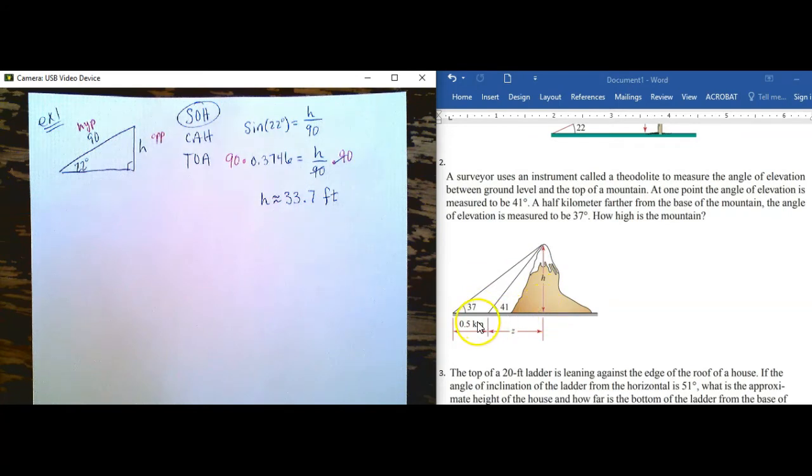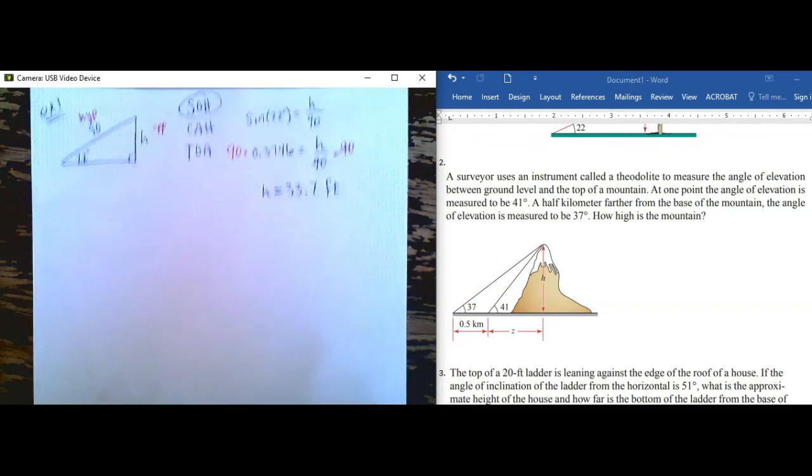We only know this distance between the two measurements, so it looks like they're calling this measurement z, okay? So this one's a little tougher than last time because we're dealing with two right triangles. You can see the one right triangle dealing with the 41 degree angle, and the other right triangle has the 37 degree angle. So we're going to have to do a little bit more work here to figure that out.